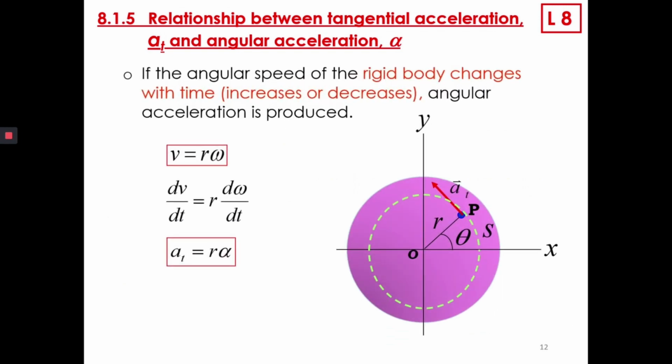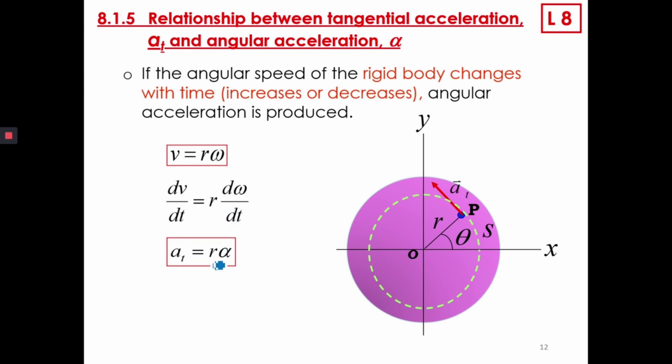If the angular speed of the rigid body changes with time, either it increases or decreases, angular acceleration is produced. When you have a difference in angular velocity, either in magnitude or a change in direction, you will have angular acceleration alpha.